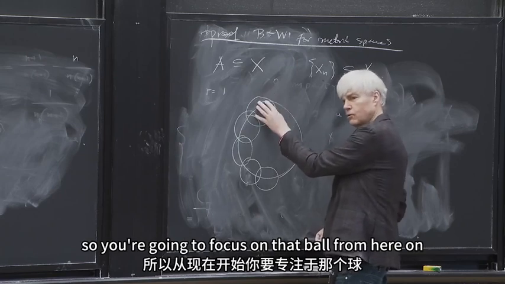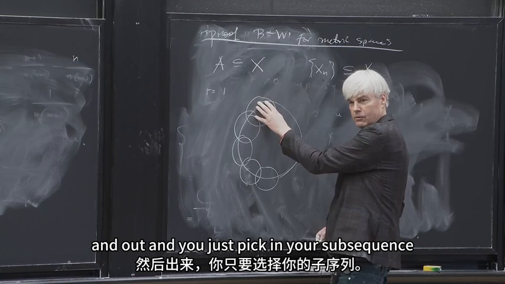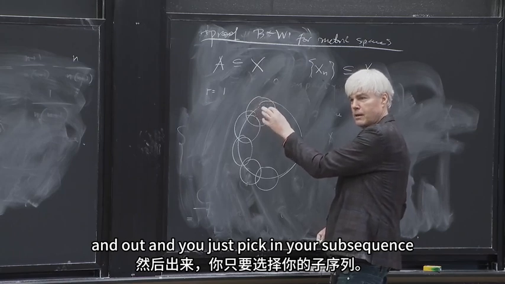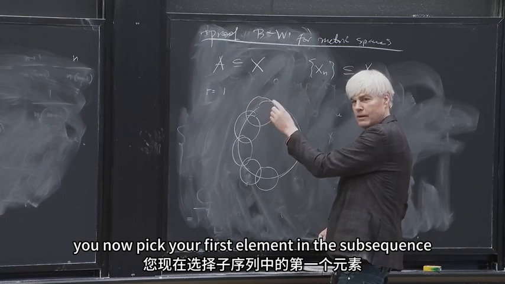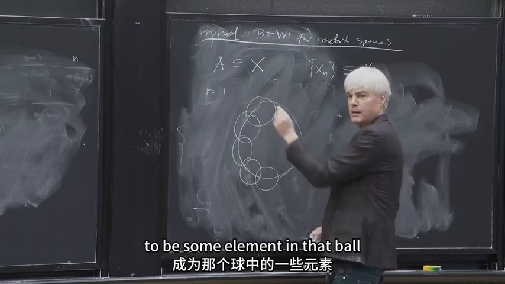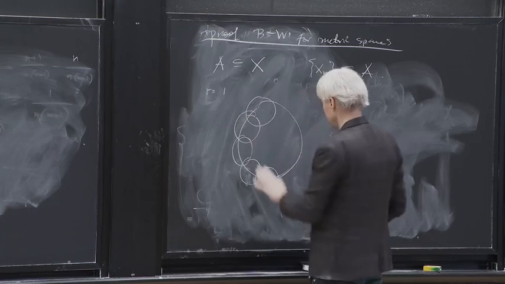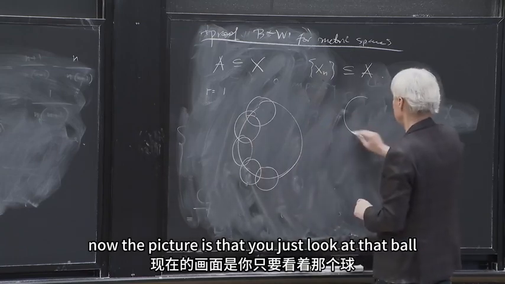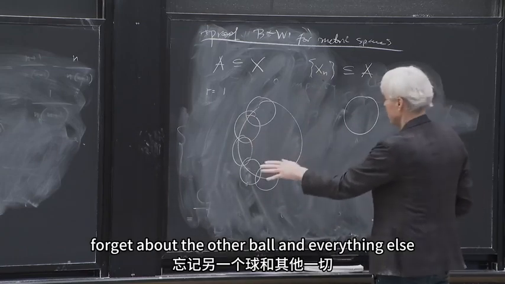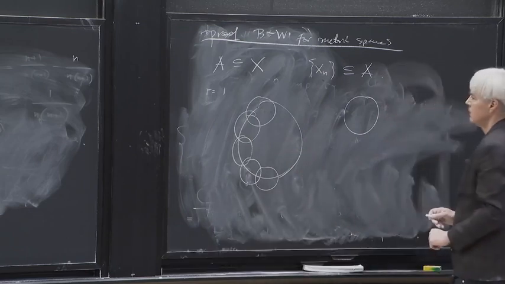So you focus on that ball from here on out, and you pick your first element in the subsequence to be some element in that ball. Now the picture is that you just look at that ball, forget about the other balls and everything else.